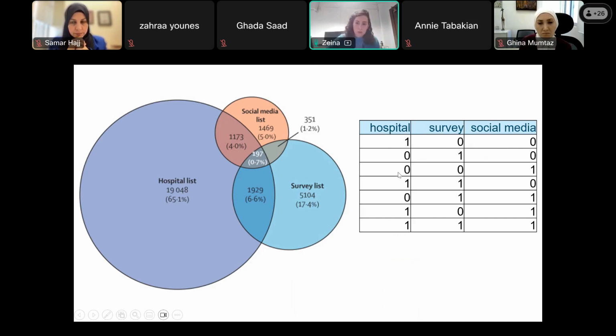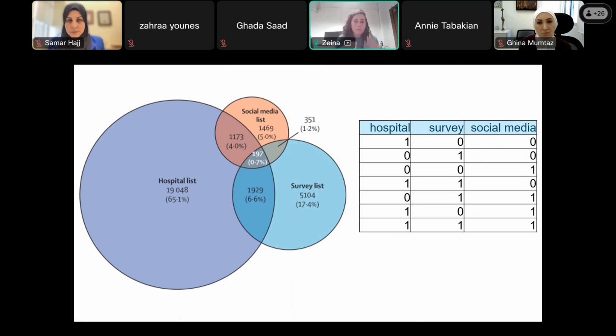You could be in the hospital and the survey, in the survey and the social media, or hospital and social media, and then all three of them. The idea is that with all of these alternative log-linear models, you're putting the probability of being in one list, and then you put interaction terms to deal with issues of dependency, and you adjust the models for age and sex and different issues to deal with the heterogeneity.